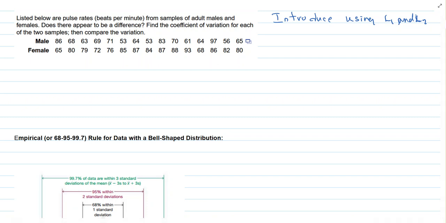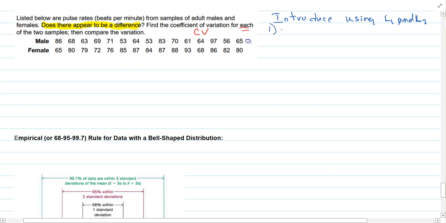Listed below are pulse rates, beats per minute, from samples of adult males and females. Does there appear to be a difference? That's our question. So that's where the measurement of the CV is going to happen. Find the coefficient of variance, so that's our CV, for each of the samples, and then compare the variation.